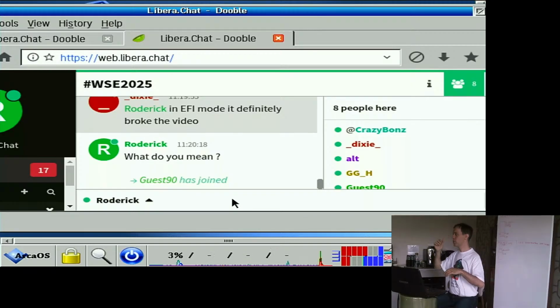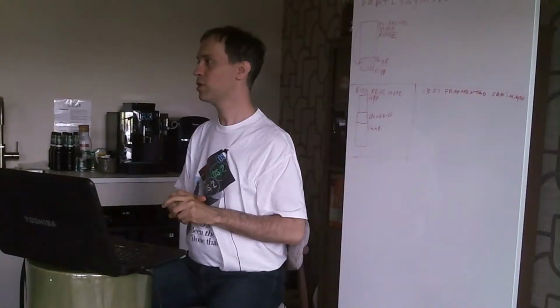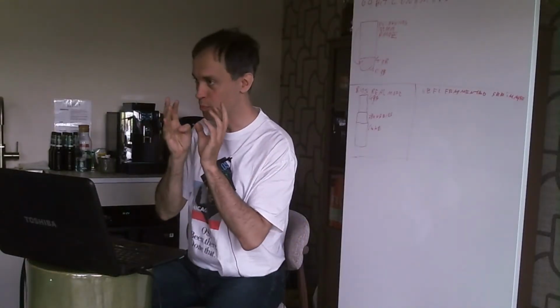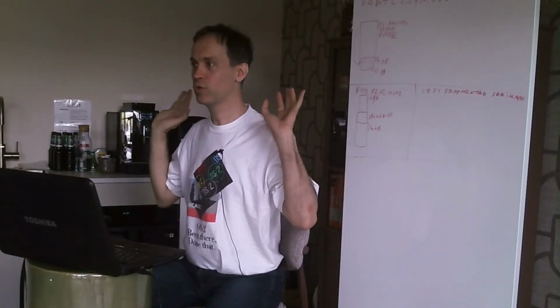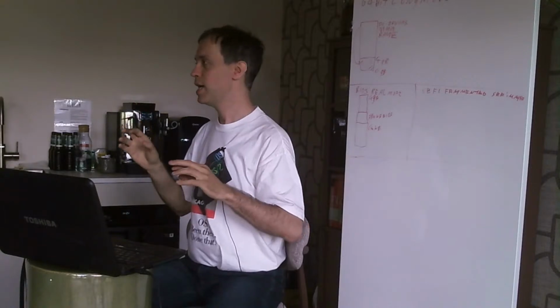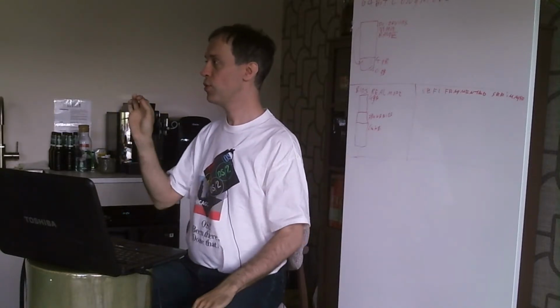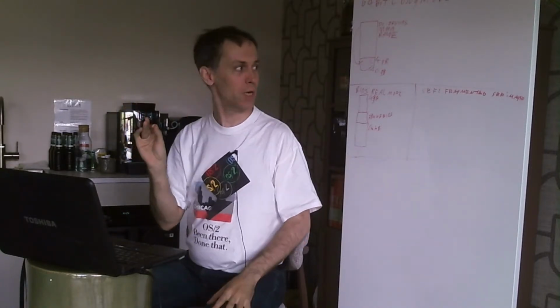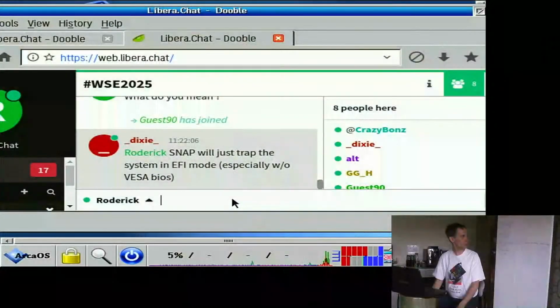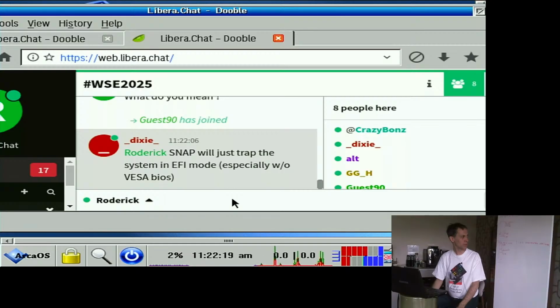We see the same thing when I look in the ArcaNoae bug tracker sometimes, that suddenly a specific Realtek chip, I'll just take an example, 80% of them work, and then there's one chip that doesn't. The benefit of this Panorama approach is that it works on just about any machine. And here's the real thing, on most laptops Snap will just trap the system in VGA mode, especially without VESA BIOS. Okay, that's broken.